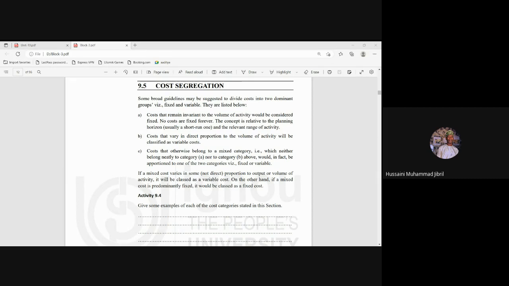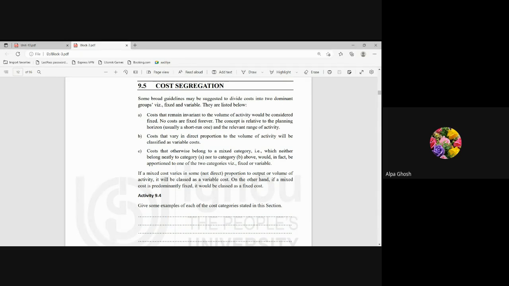Please re-explain the cost segregation. You again want me to explain this cost segregation? Yes, ma. Cost segregation means how to identify the differentiation in cost, how to identify which one is fixed cost and which one is variable cost. In order to identify them, a very simple logic you need to apply.